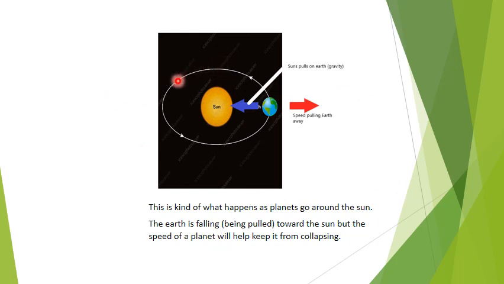So what we get is a picture like this, where the Earth is being attracted to the Sun, but it's not collapsing into the Sun, because the speed of the Earth is keeping it away. Why it keeps this distance has to do with how fast it's going. If the Earth were to speed up, it would move further away.